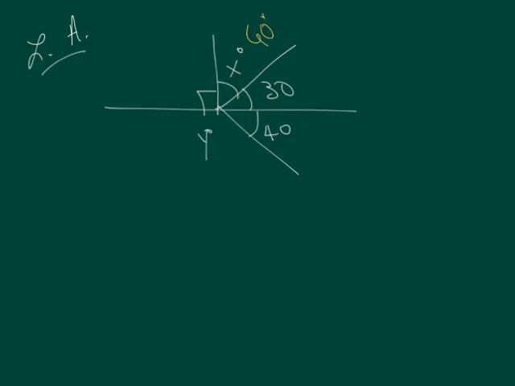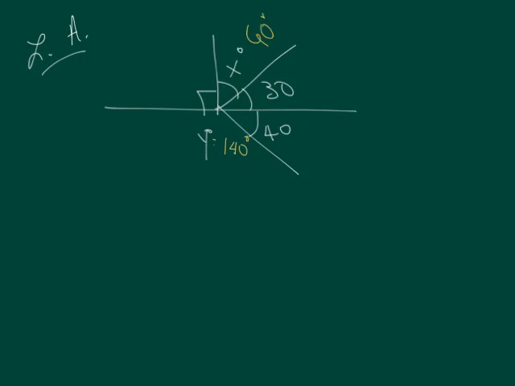I also know that because this is a 40-degree angle, all the way from here to here is 180 degrees. A straight line is always 180 degrees. So 180 minus the 40 that we're already given there, my y is going to be 140 degrees there. So it's kind of quick knowing that information to go ahead and figure out what our different angles are.